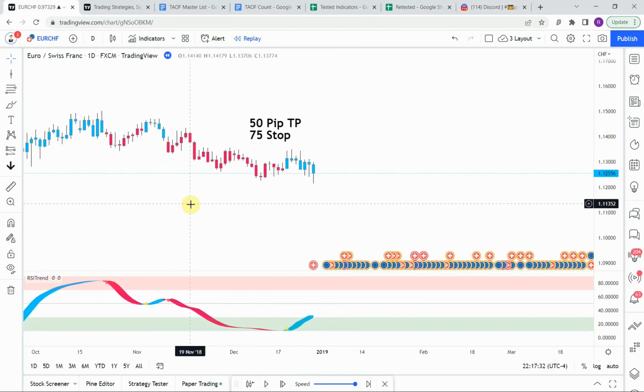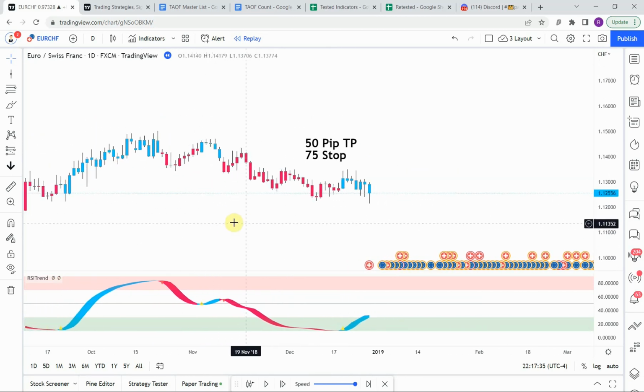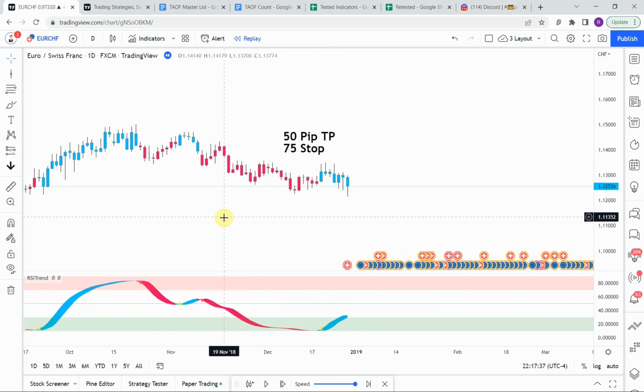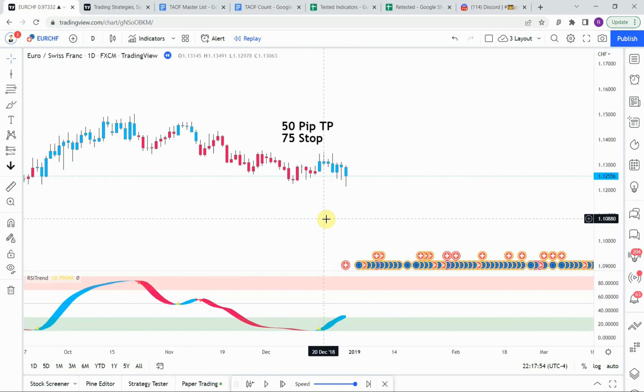We're going to add an extra layer into this. We are looking for when the ribbon, if you want to call it that, is either down in the green zone or up in the red zone. Then we are looking for that coloration switch to take place.